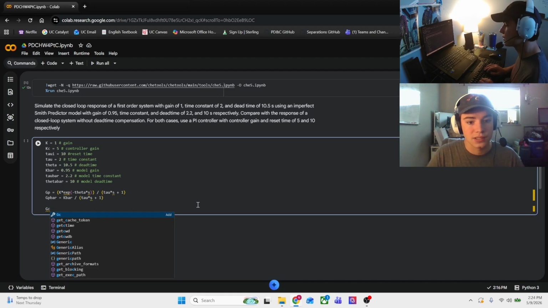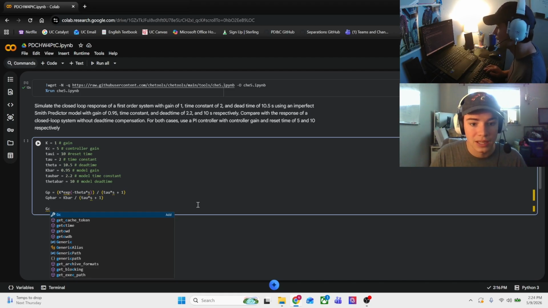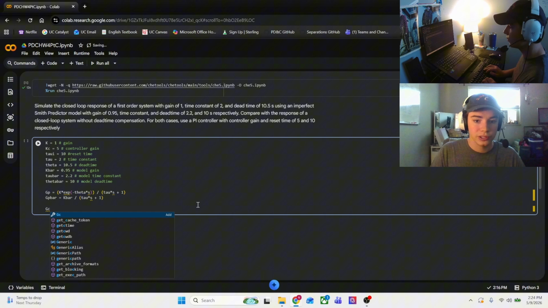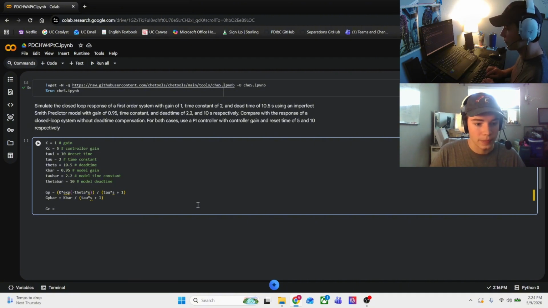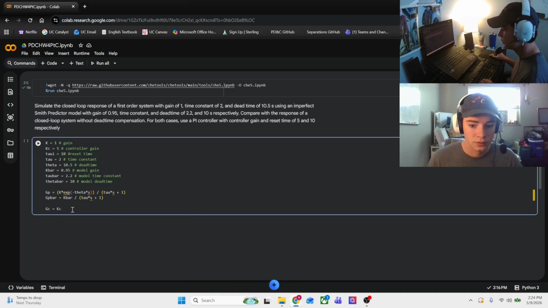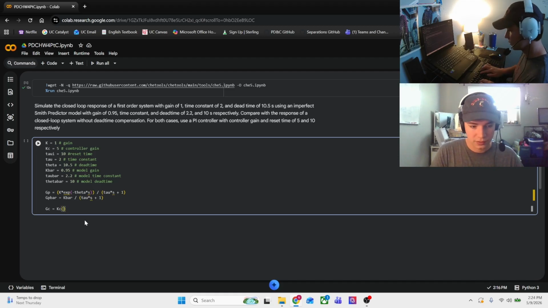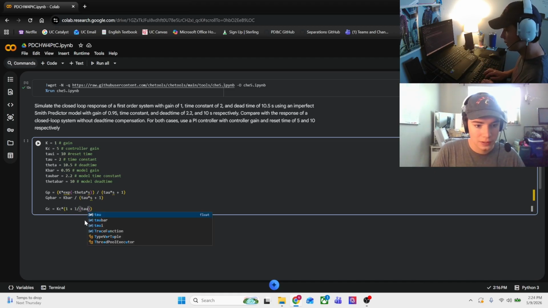And as we discussed up above here, we're going to be using a PI controller. So we know that for our PI controller, we've got our KC times (1 plus 1 divided by our tau I times s).